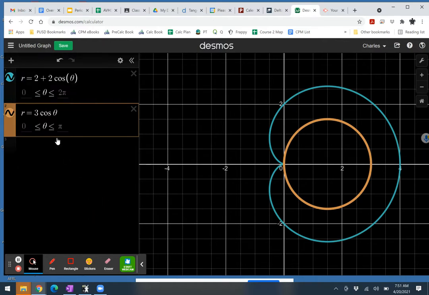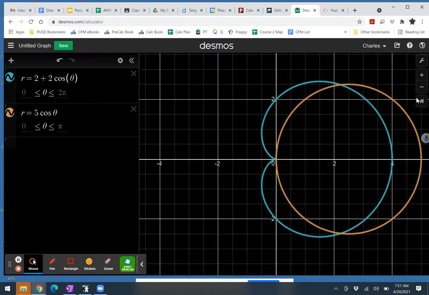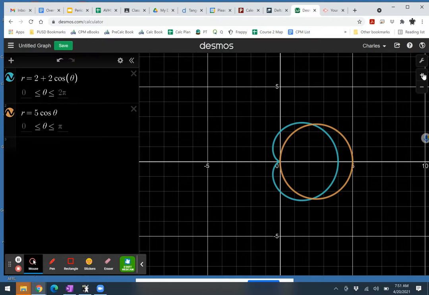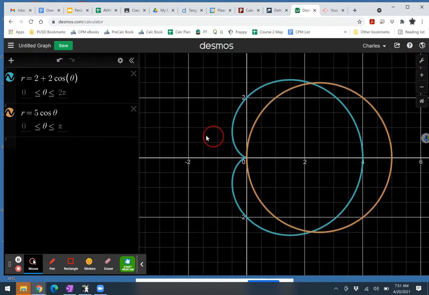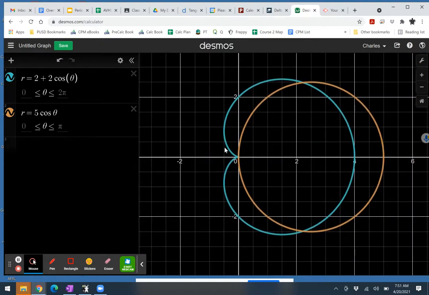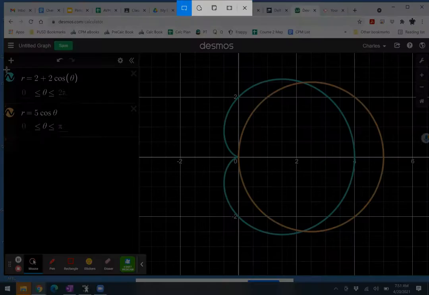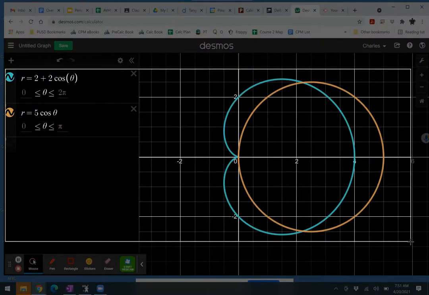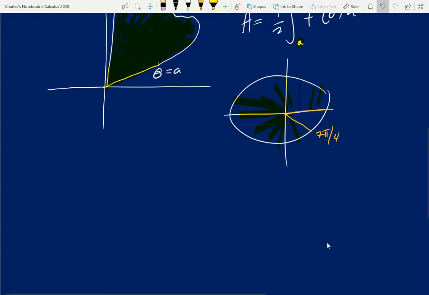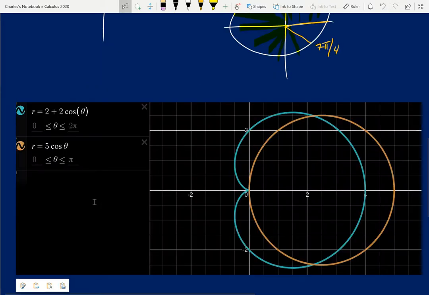Let's make that 5 cosine theta. All right, that looks right. So now let's say you want some kind of area here. There's a lot of different areas that you could be looking for. For example, you might look for this area right here.